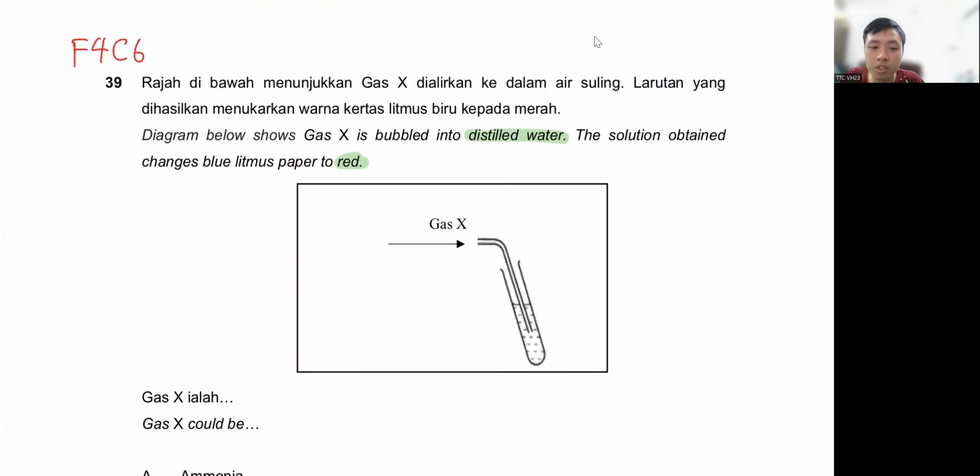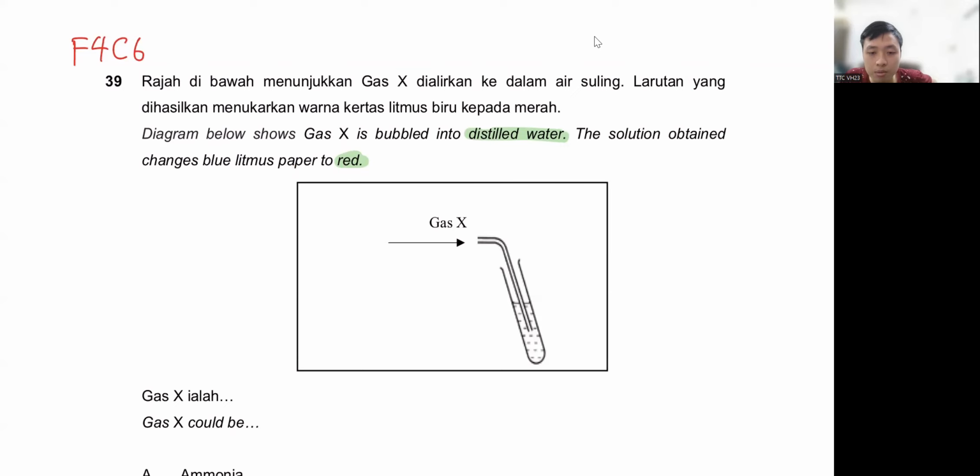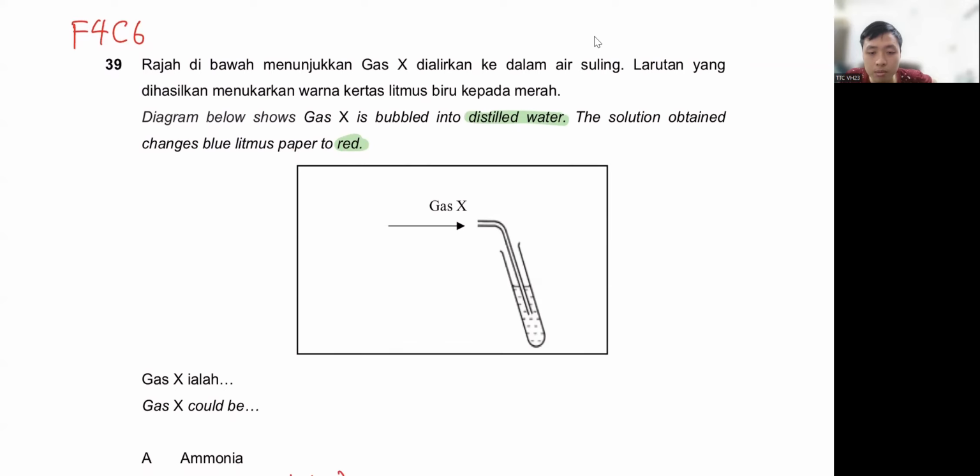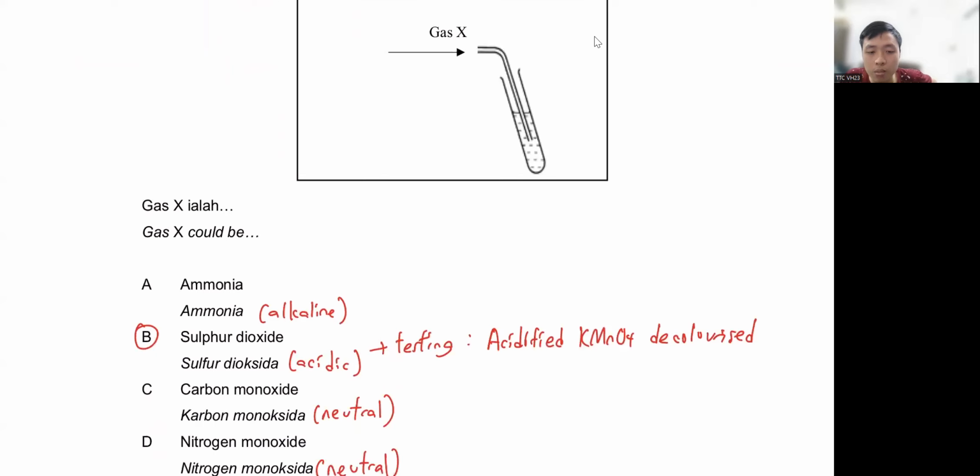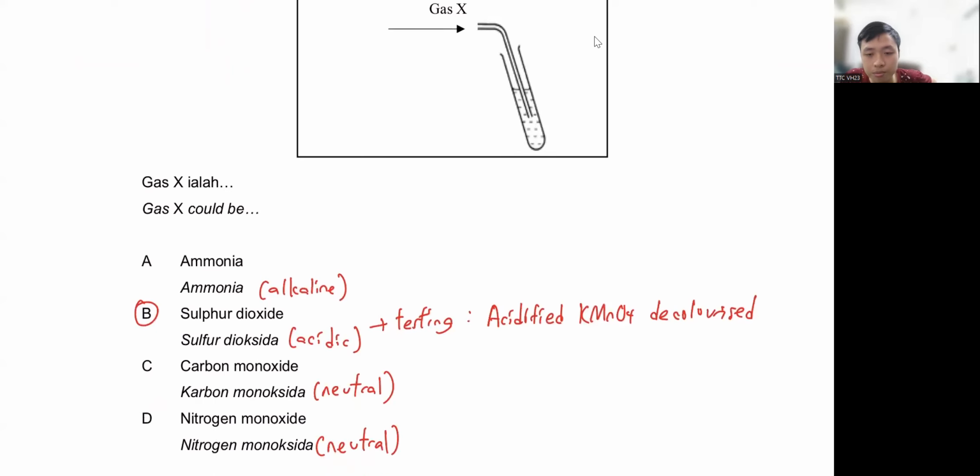Question 39 is from chapter 6. Adding this into distilled water, litmus paper becomes red. So what is gas X? Actually it's B. Because of sulfur dioxide, if you look back at the testing of gases, there are normally two acidic gases, sulfur dioxide and nitrogen dioxide.